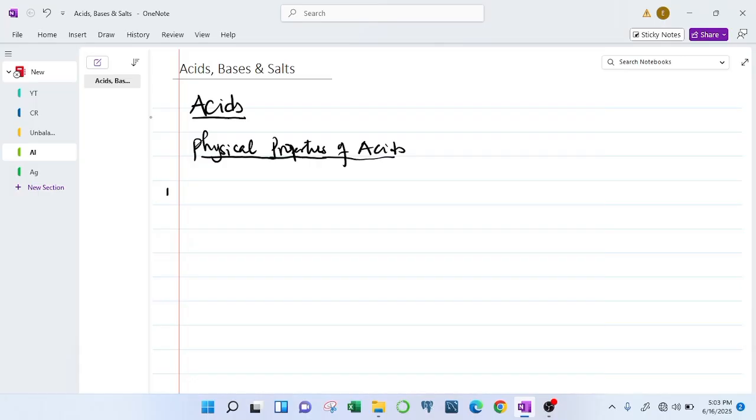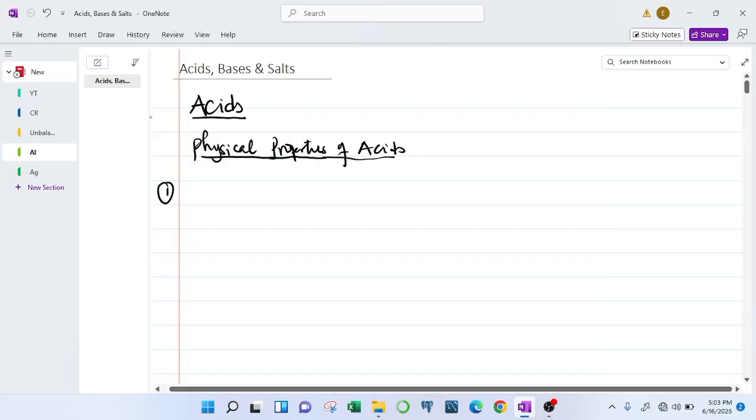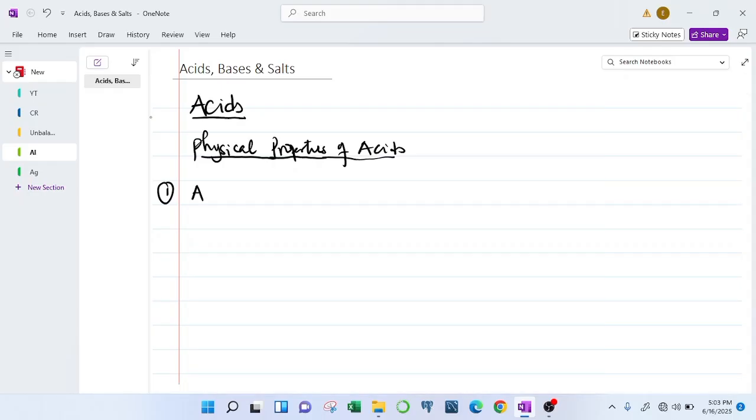So first of all, the physical property that is always very popular: acids turn blue litmus red. Later we'll discuss indicators. Litmus is a type of indicator.